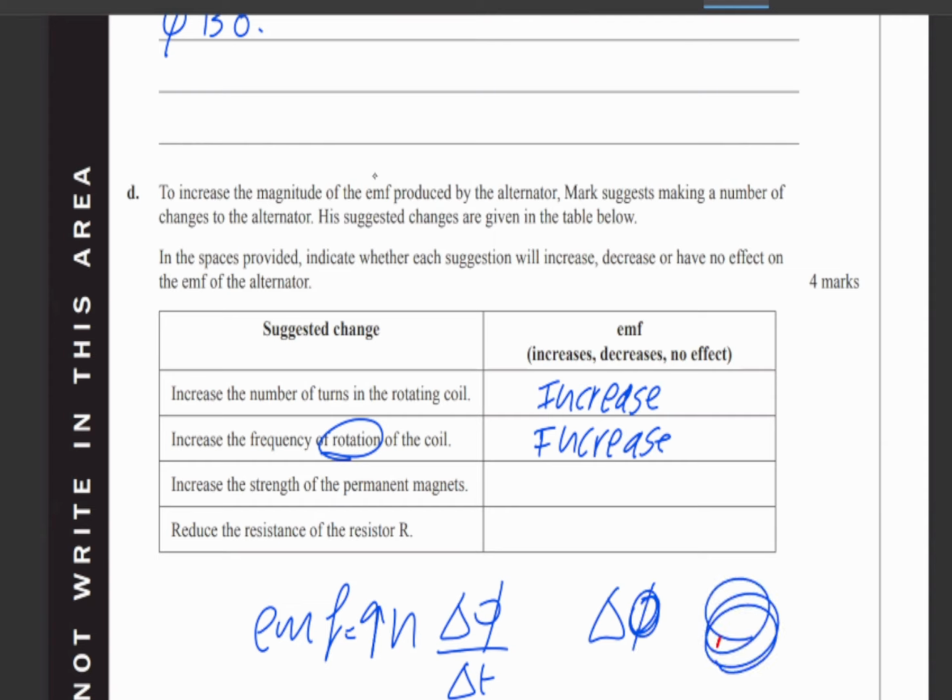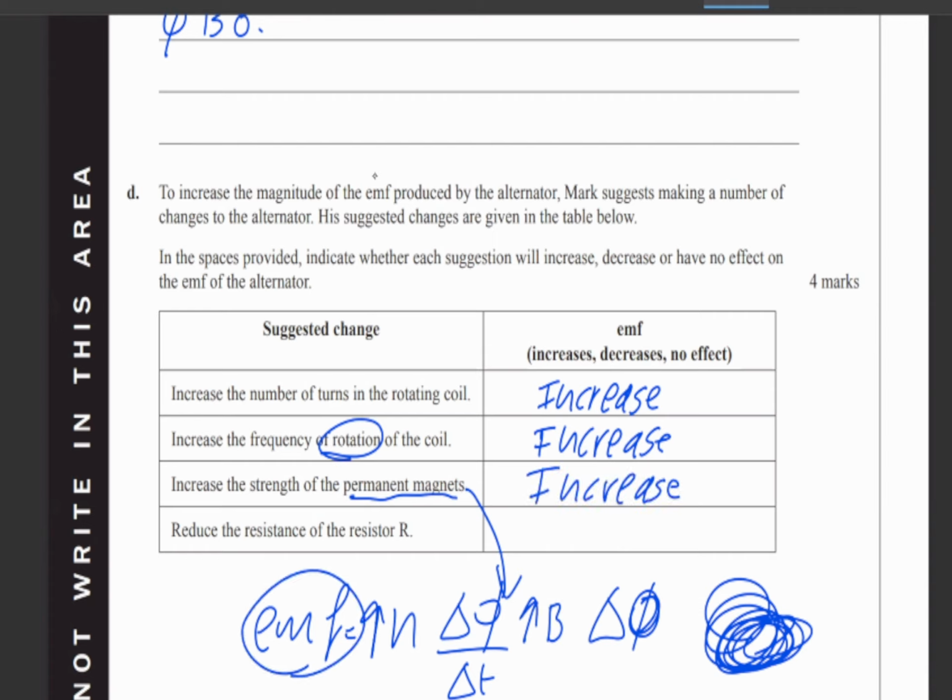If you're increasing the number of turns of the coils. Increase the strength of the magnet. So if you increase the strength, you increase B, which is found in here. So if you increase B, you increase EMF. Reduce the resistance of... Yeah, that doesn't have any effect. No effect. Doesn't change anything.